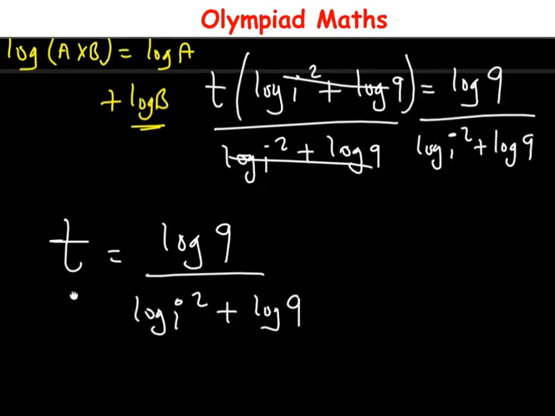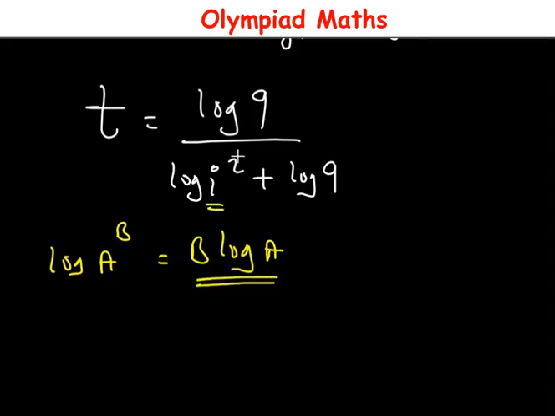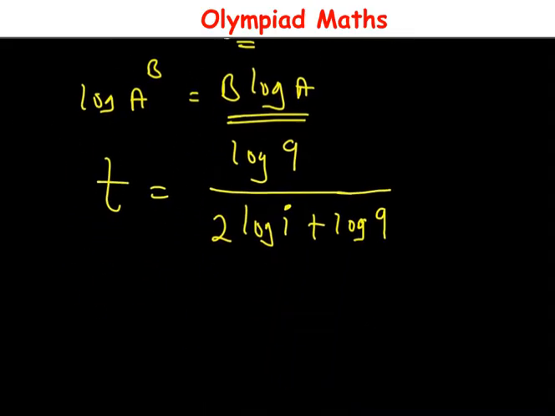Applying the rule of logarithm that log of a raised to power b equals b times log of a, power 2 becomes 2 times log of i. So t is equal to log 9 all over (2 times log i, plus log 9). With this we have gotten the value of t.